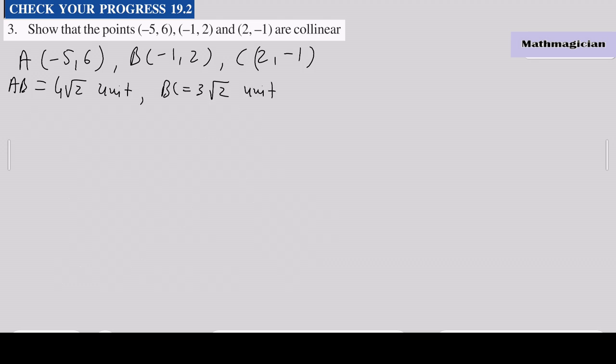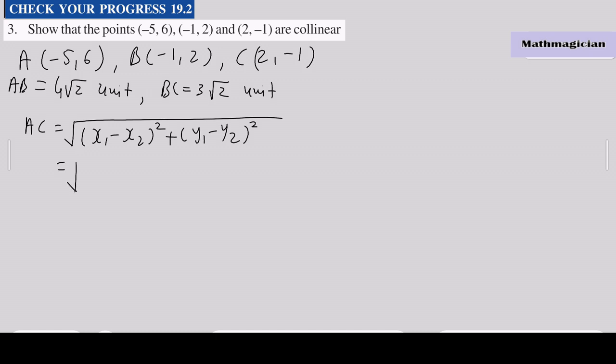So next, let's find AC. (x1 minus x2) square plus (y1 minus y2) square is equal to, x1 is minus 5, so minus 5, x2 is 2, so minus 2 whole bracket square, y1 is 6 and y2 is minus 1, so minus minus plus 1 square.